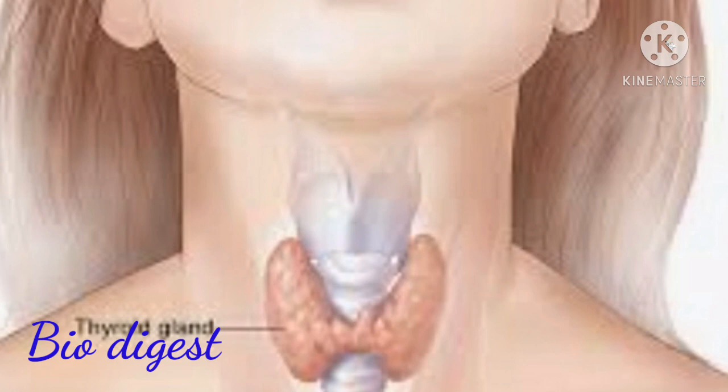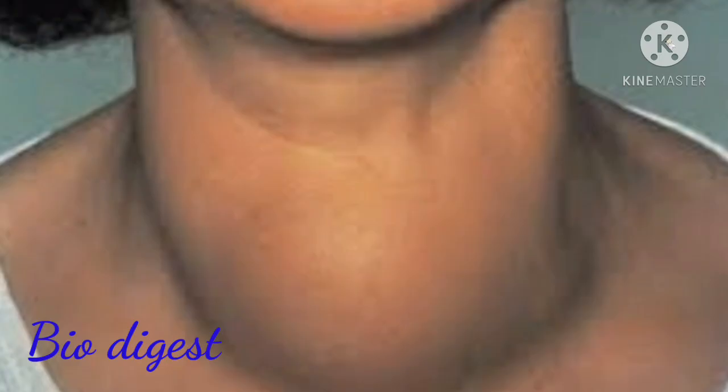Function of thyroxine: it regulates the basal metabolism. Under secretion, that is hypothyroidism, leads to three conditions: simple goitre, cretinism and myxedema.